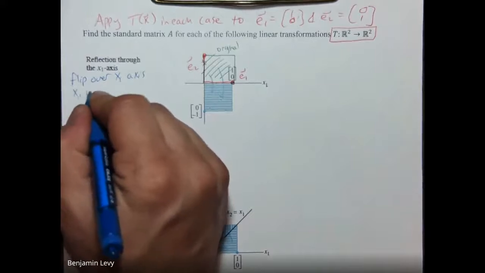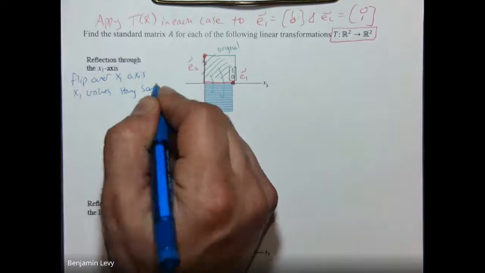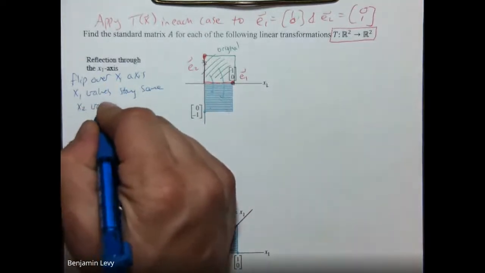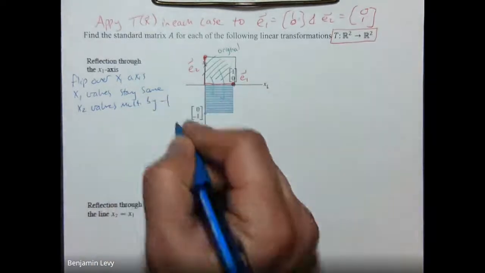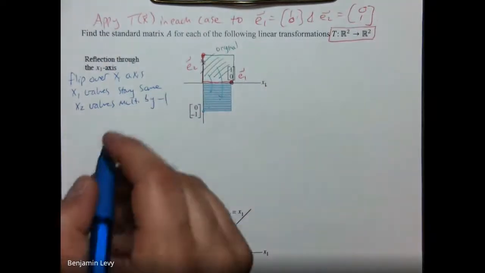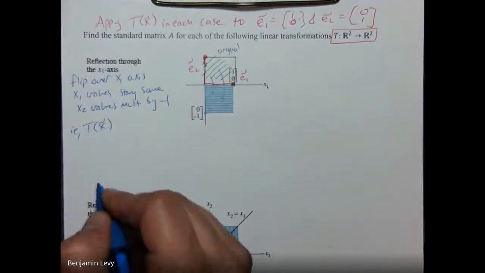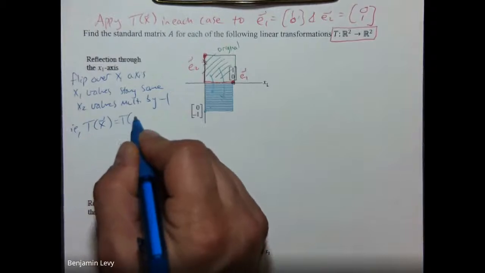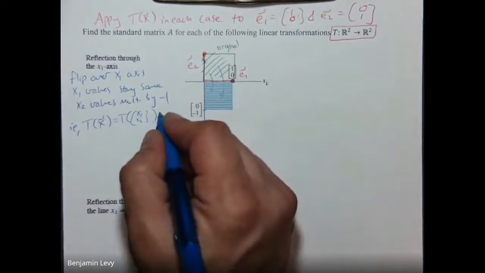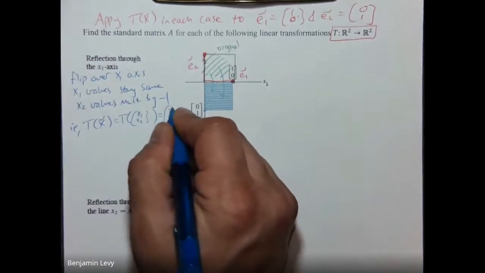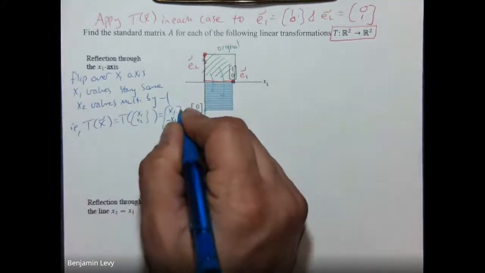Right, so x1 values stay the same. x2 values, you multiply by -1. In other words, if we want to apply this transformation to a vector in R2, right, in other words, you apply the vector x1, x2, it's what we just figured out: you keep the first entry the same, and you multiply the second one by -1.